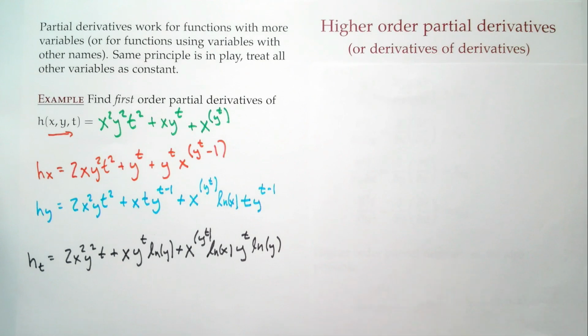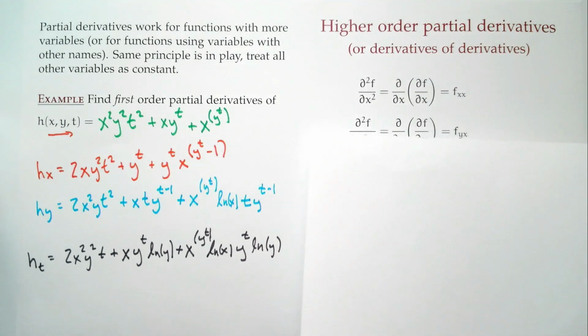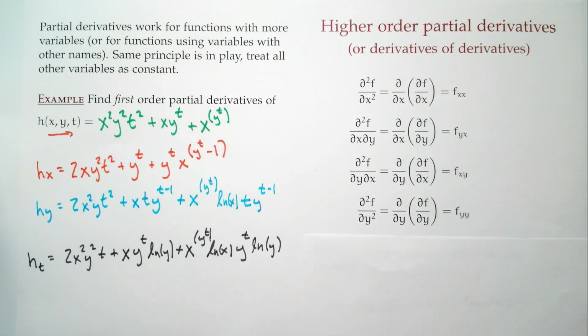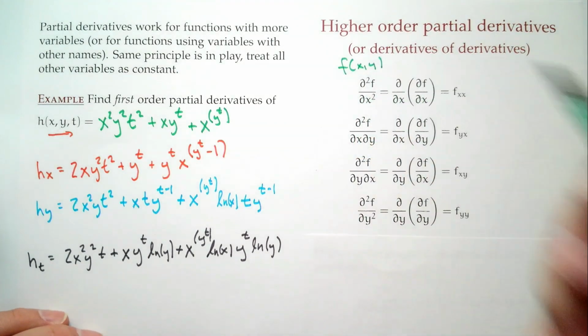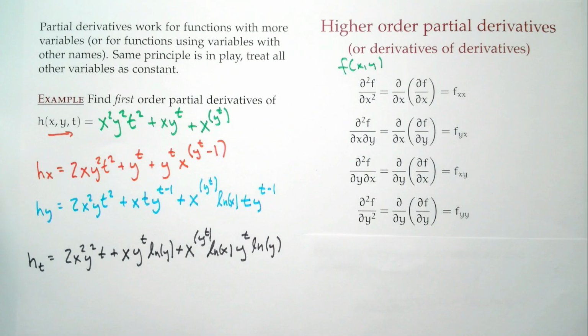Now, the basic idea of a higher order derivative is not too surprising. It's just a matter of getting the notation right. So here, if I have a function of two variables, so I'm thinking of f as being a function of x and y, f of x comma y, then I can think of there being four different second order partial derivatives.